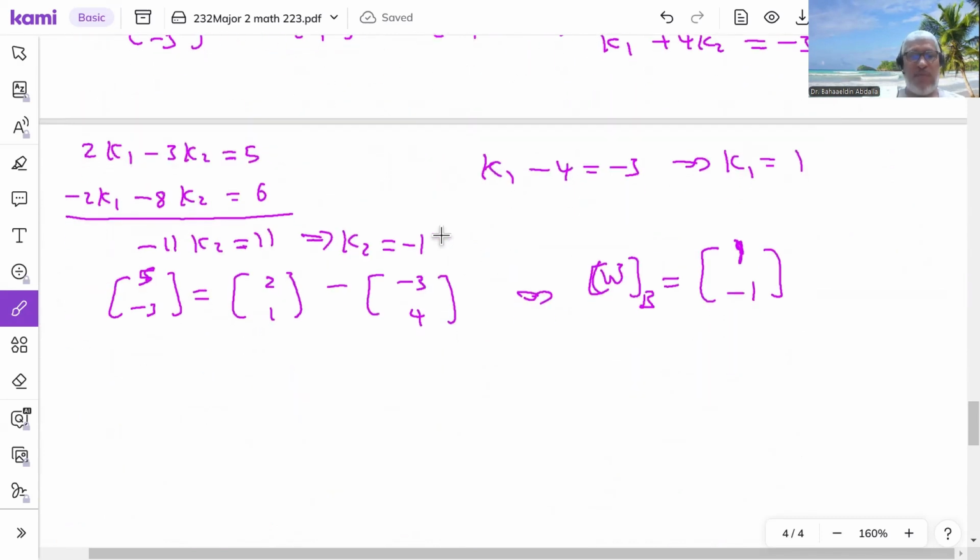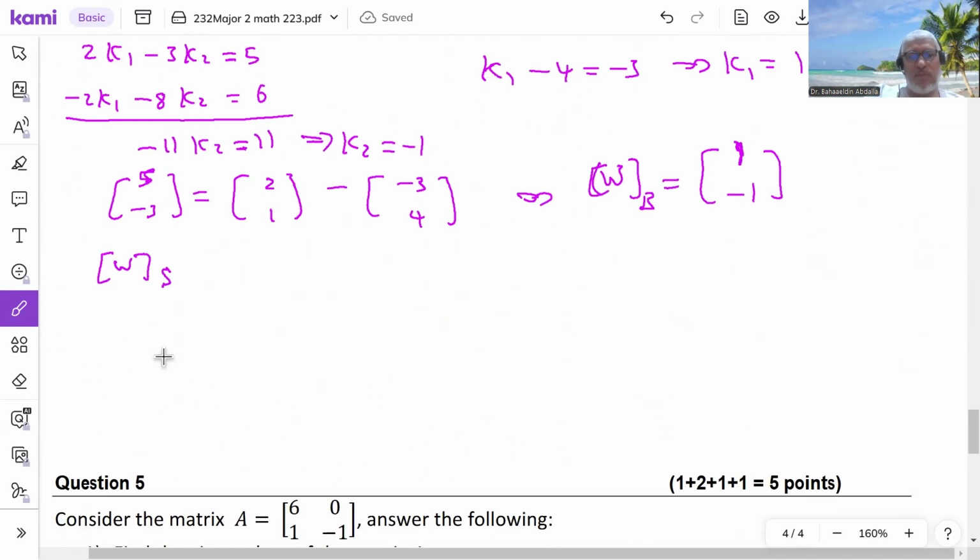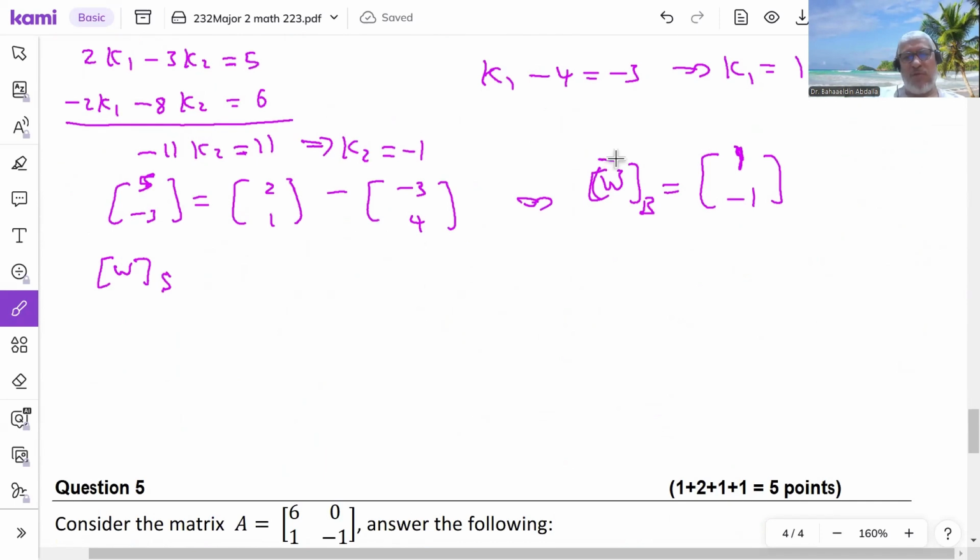Well, there is a formula that says to find WS, of course, W is a vector, okay?